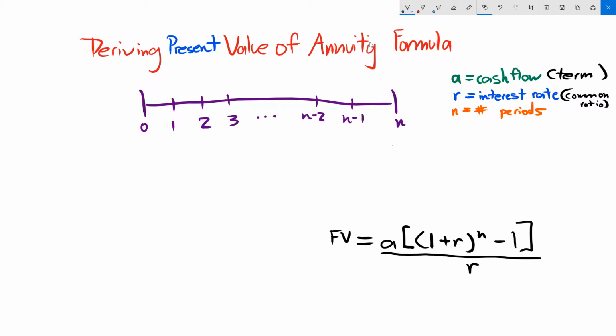What is present value? Well, if I were to give you $100 in a year from now, and I was going to give you $100 2 years from now, and I'm going to give you $100 3 years from now, and I'm going to keep giving you money, $100 for n number of years. Well, if I'm going to do that, I'm going to need to receive some amount of money today.